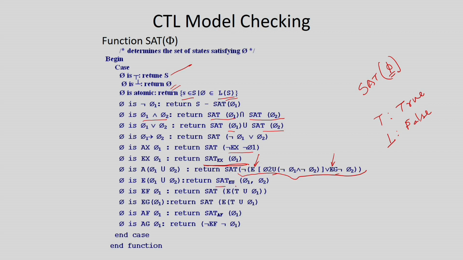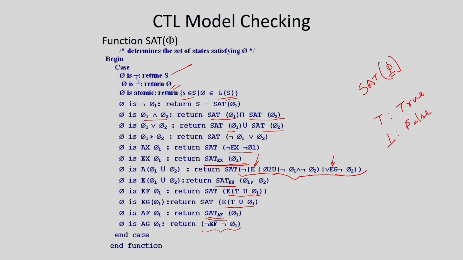So, we have to get a method to find the set of states where E phi 1 until phi 2 is true. Similarly, EF phi 1 will be represented by its equivalent formula, and EG phi 1 as well. If AF phi 1, then we must have a method for AF that returns the set of states where phi 1 is true. And for AG phi 1, again we look for the equivalent of this formula.